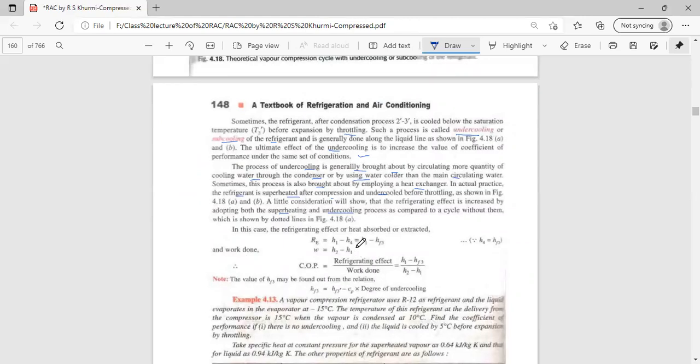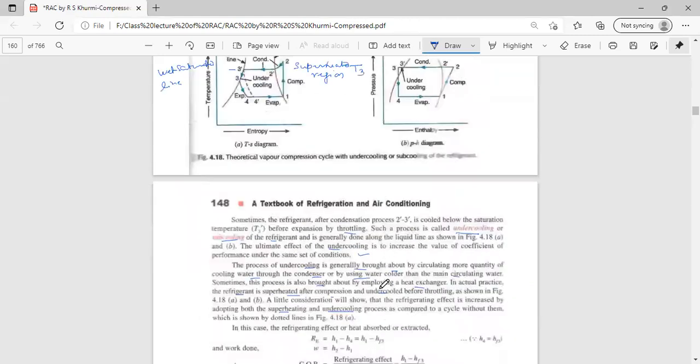The refrigerating effect, the heat extracted, RE, is H1 minus H4, that is H1 minus HF3 itself, as H4 is equal to HF3, the enthalpy of the fluid at point 3. As both these are on a vertical line, the enthalpy is the same. Here HF3 is H4.